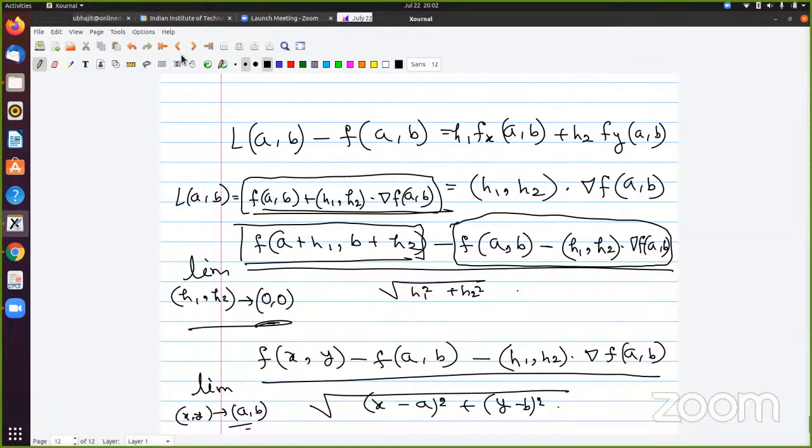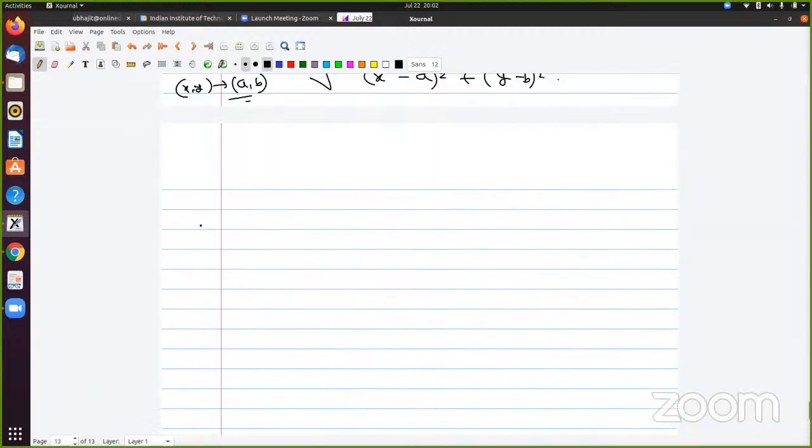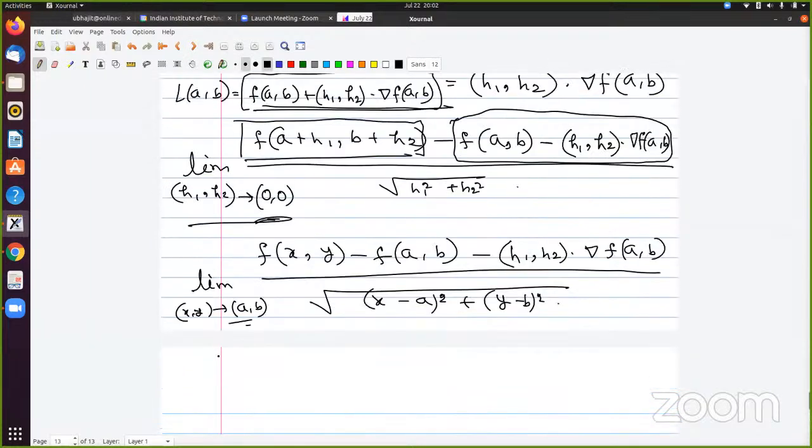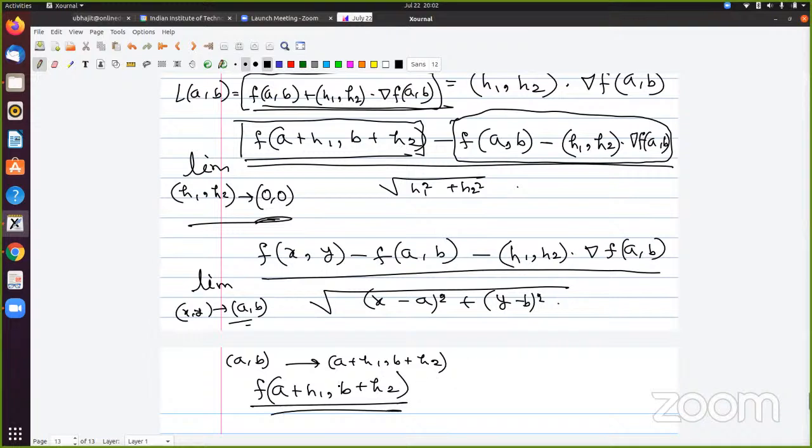You asked a valid question, very nice question. This is the functional value if we shift from (a,b) to (a plus h1, b plus h2), and we have a linear approximation at that point.